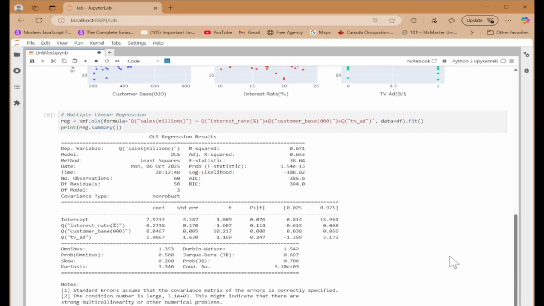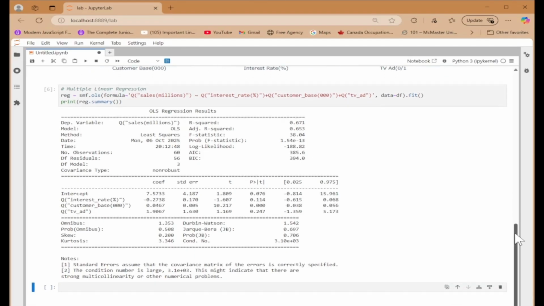Now you can see the regression results. Okay, look. The explanatory power of the model is 0.671, which is pretty high. Even the adjusted R-squared is 0.653. F statistic is pretty high.